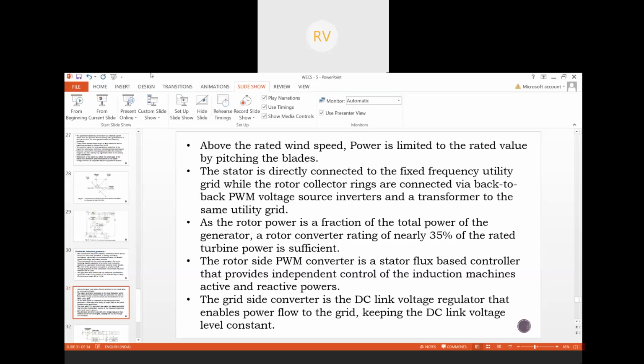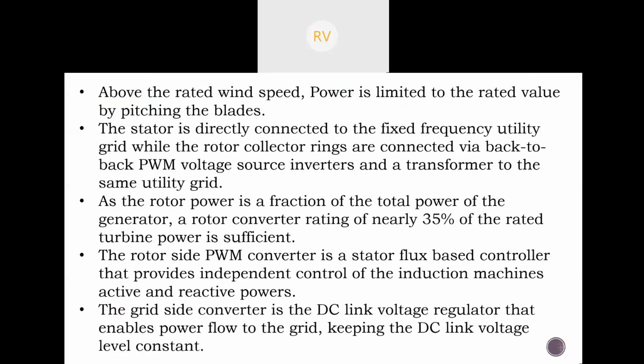The rotor side PWM converter is a stator flux based controller that provides independent control of the induction machine's active and reactive power. So we will have an independent control of the reactive and active powers.